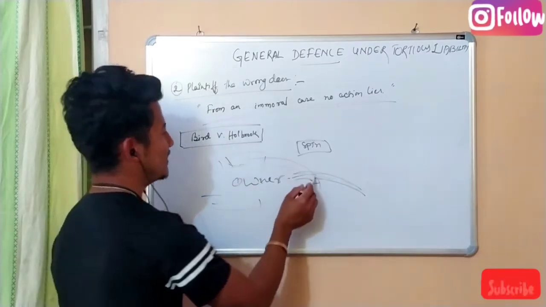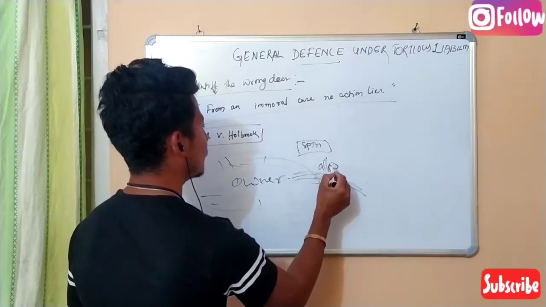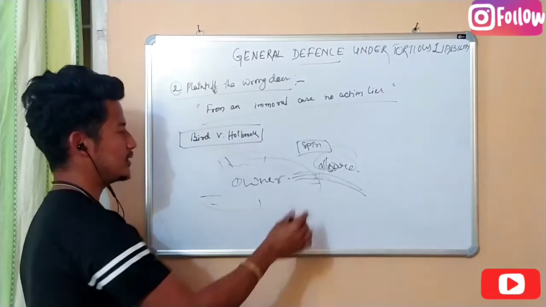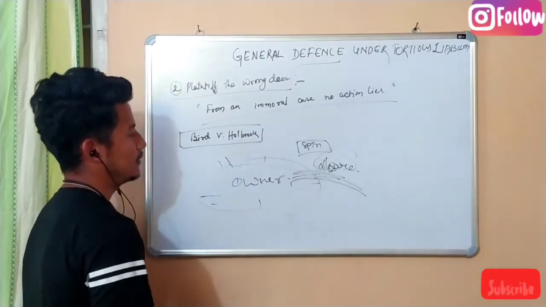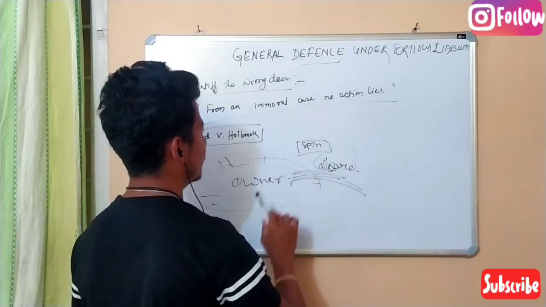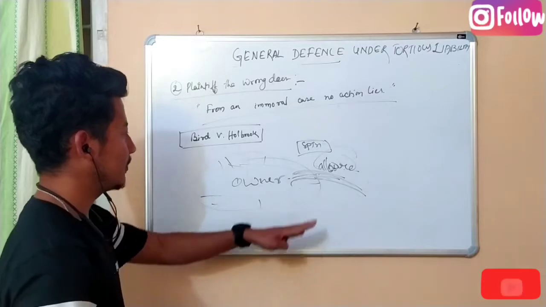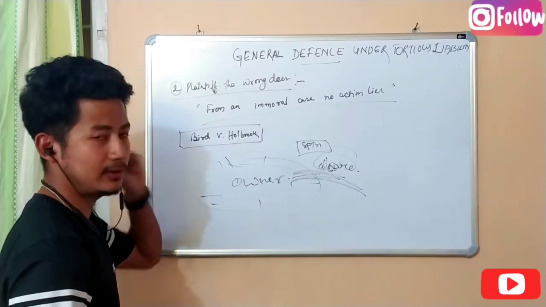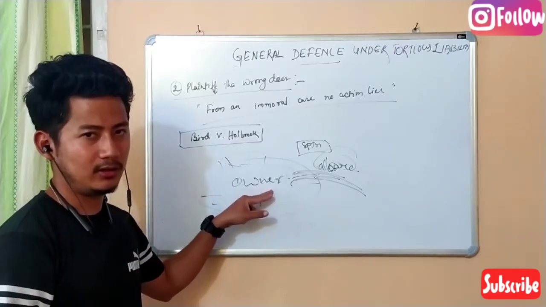In this case, the plaintiff was allowed compensation by the defendant, though he was in the wrong position, because the act of the defendant is not legal.